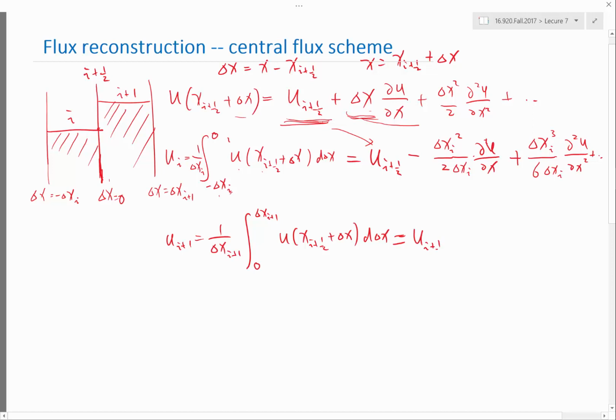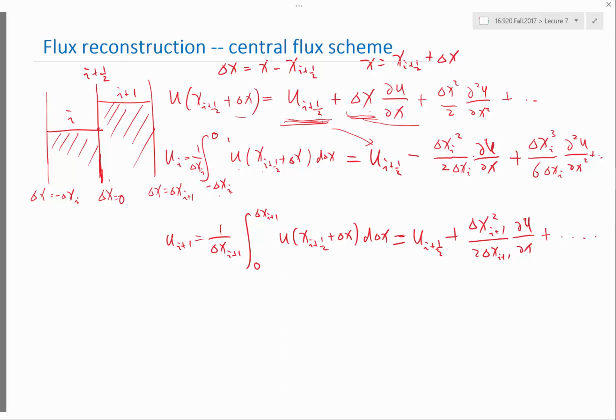So the first term is u I plus half, the second term is going to be plus delta x I plus 1 squared over 2 delta x I plus 1 du dx, right? And plus also quadratic terms and cubic terms, right?